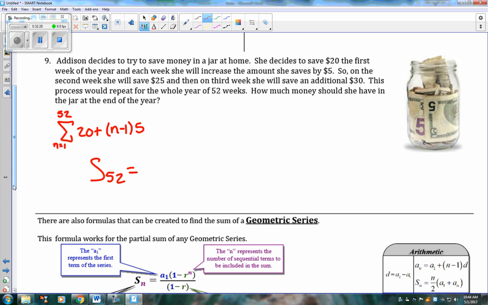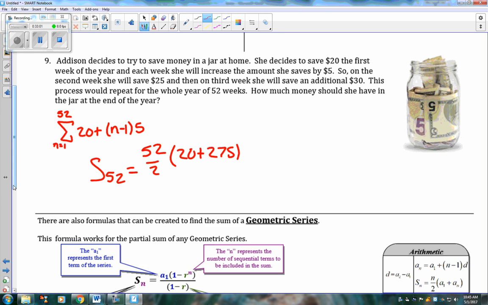You have to do the thing with the fraction. What if you don't know the last term? You can find it. Plug in 52 for n.